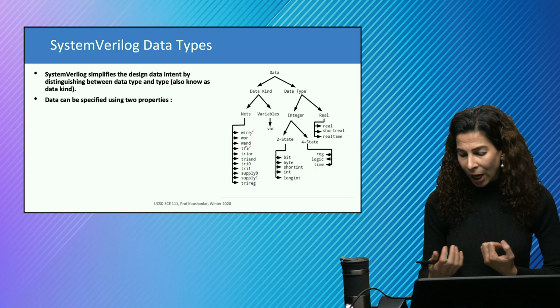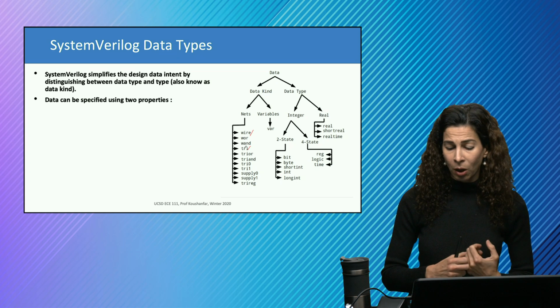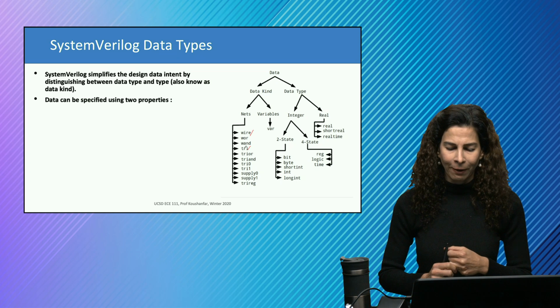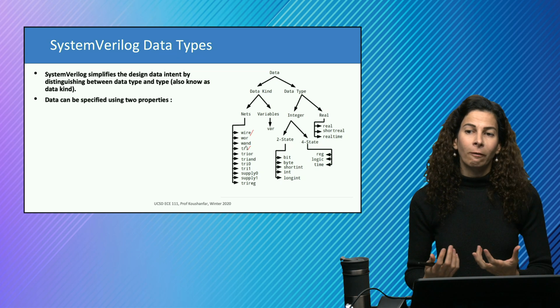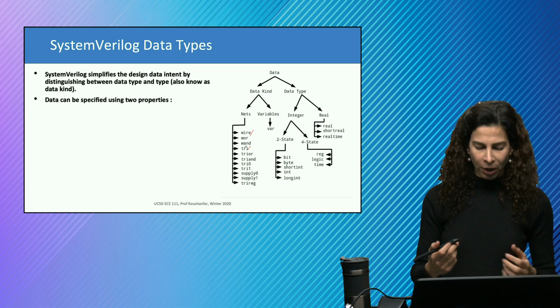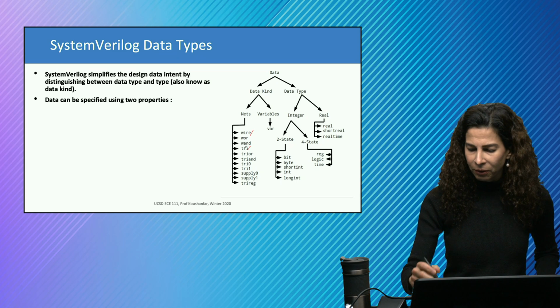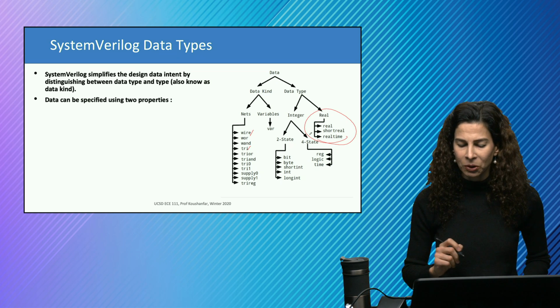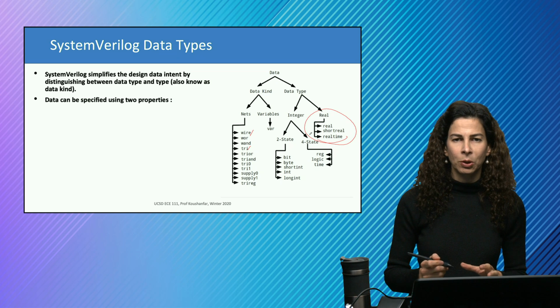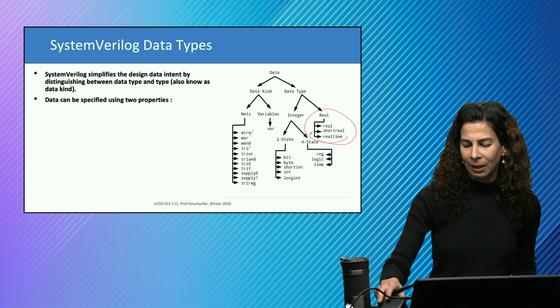And the time is also a 4-state value. Logic is also a 4-state value. For the data type, because System Verilog helps us to have higher level of abstraction, we could even define real number, and the real numbers is another data type that we could be using in the System Verilog.